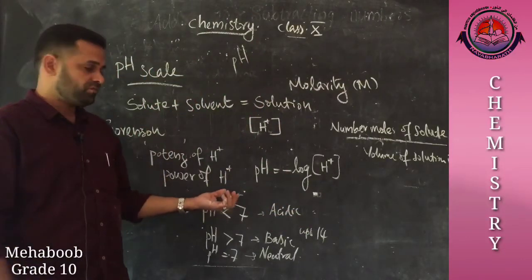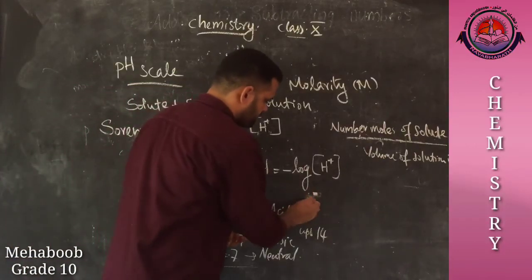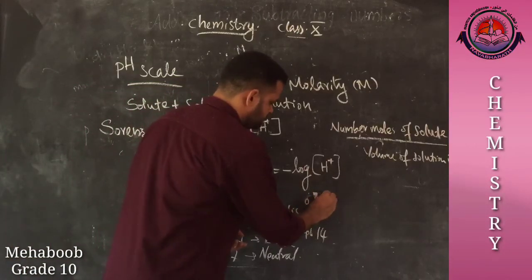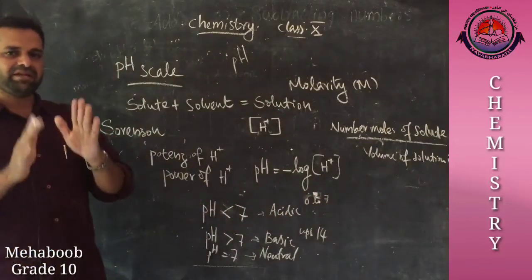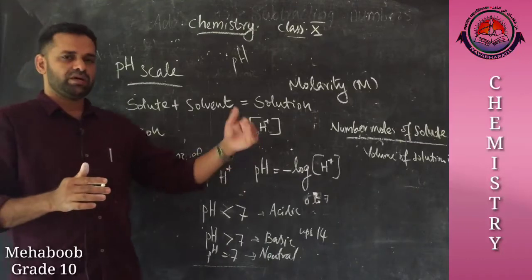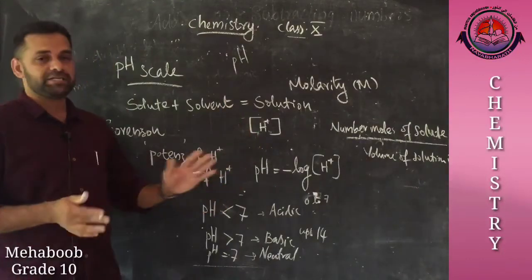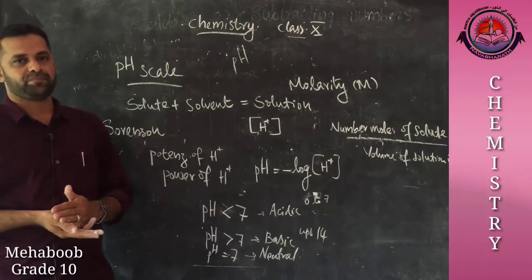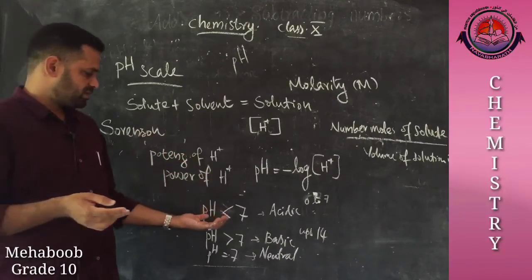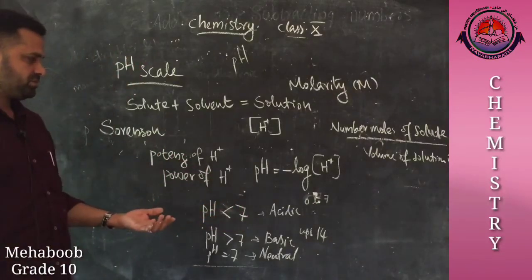If it is 0 to 7, if it is 7, it is neutral. Less than 7, that is 0 to less than 7, that is acidic in nature. So that is for acidic, basic and neutral substances.